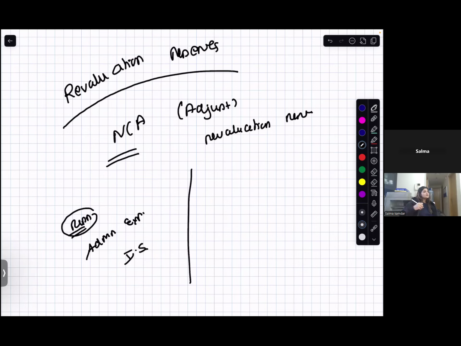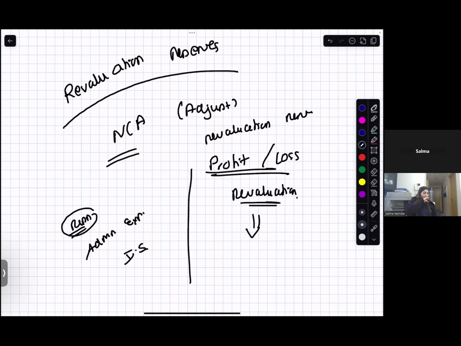But if I reduce or increase the value of my asset because of revaluation, I have a profit or loss that I make on revaluation. Please note, any profit or loss made on revaluation becomes a part of your SOCE and your non-current assets.